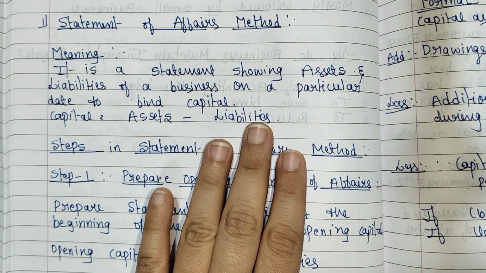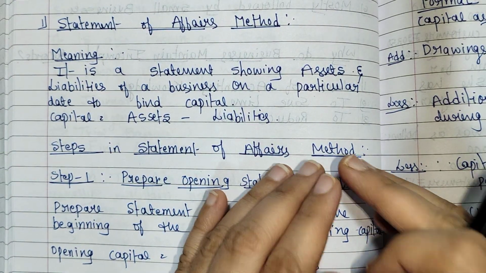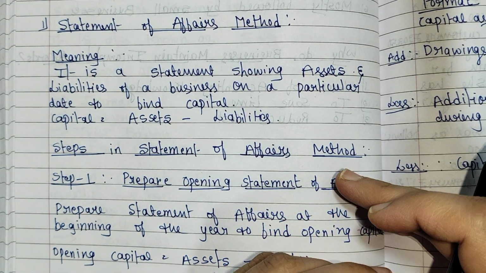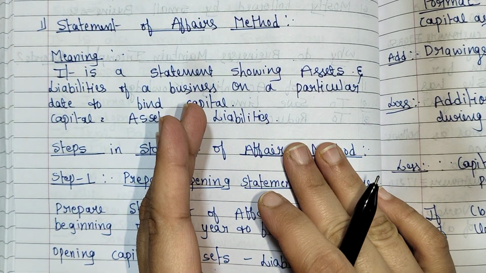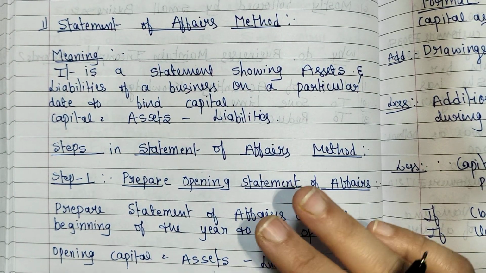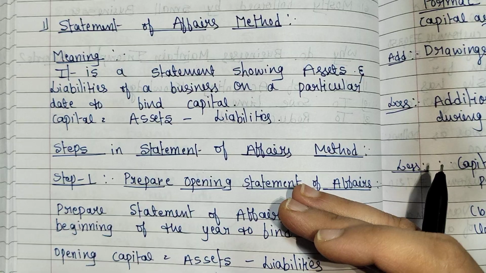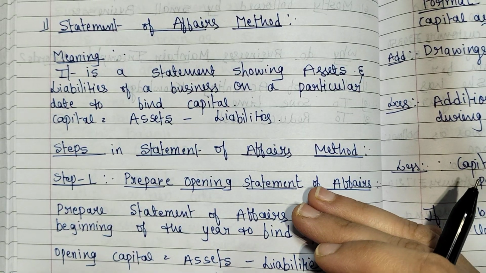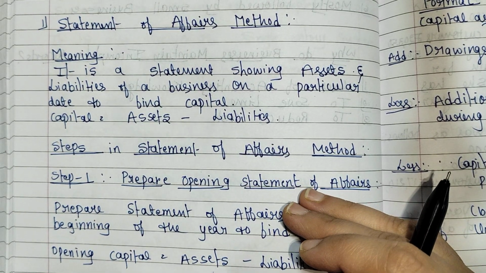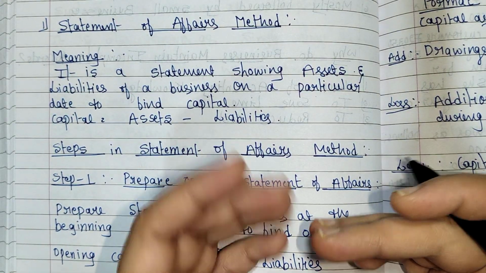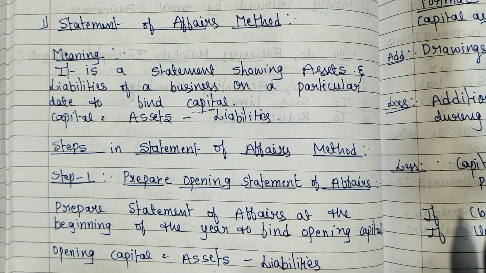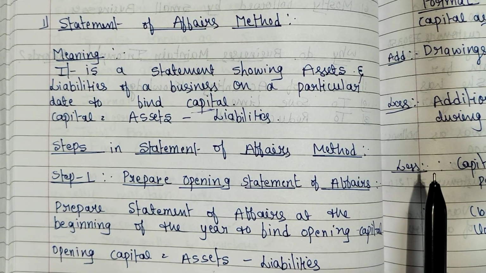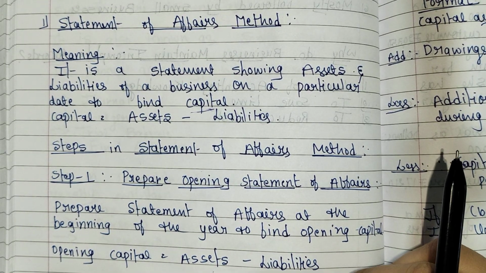Under this method, statements of assets and liabilities as at the beginning and at the end of the relevant accounting period are prepared to ascertain the amount of change in the capital during the period. Beginning and ending, we need to calculate the capital.